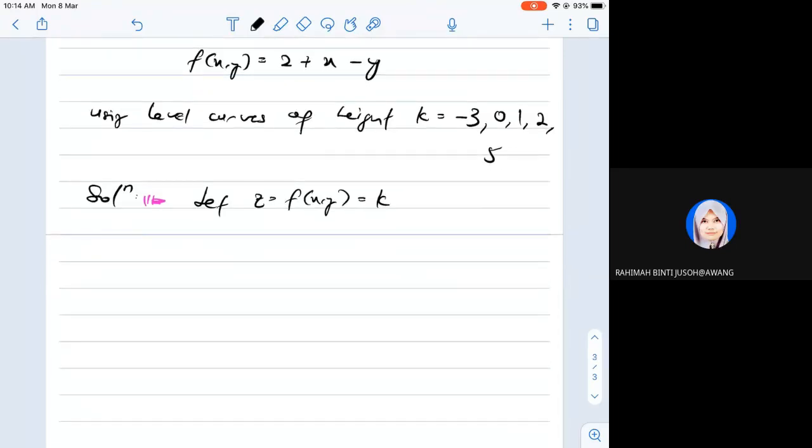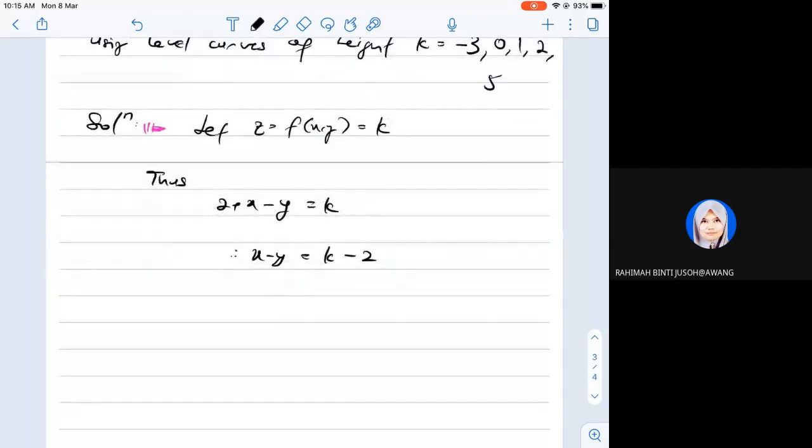So thus our equation will be turned into 2 plus x minus y equals to k, like this. Alright. Therefore, x minus y equals to k minus 2. Macam tu. Okay, so this is the equation.